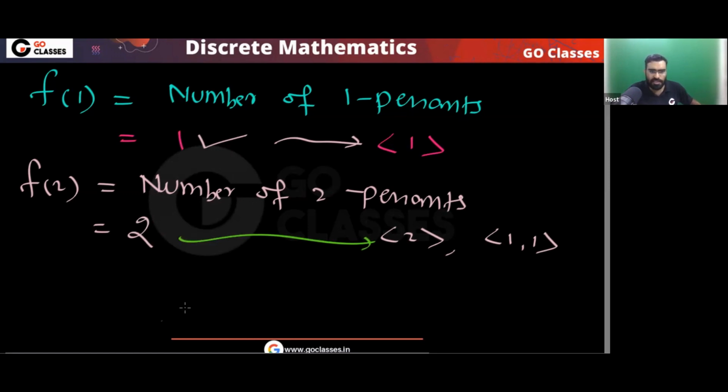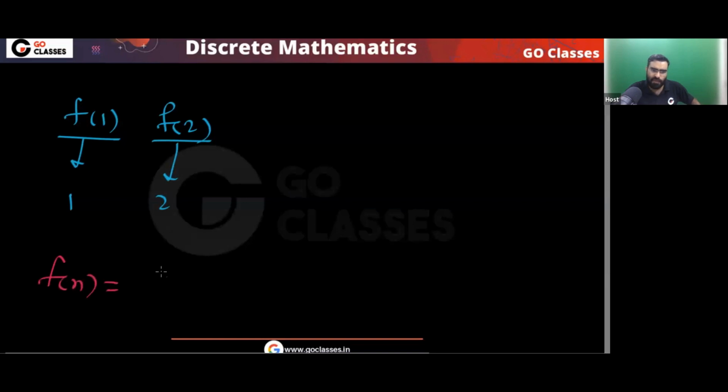So I got the initial conditions and the recurrence relation, and now I can find anything. F1 is equal to 1, F2 is equal to 2, and Fn is equal to Fn minus 1 plus Fn minus 2. So tell me what will be F3?